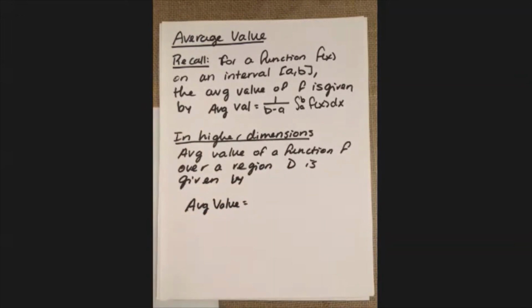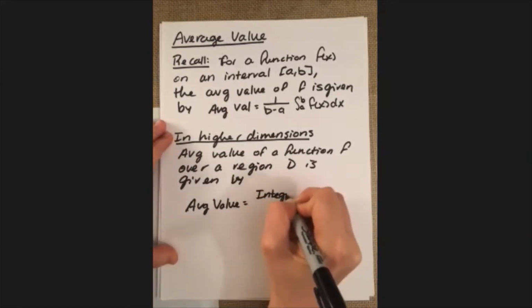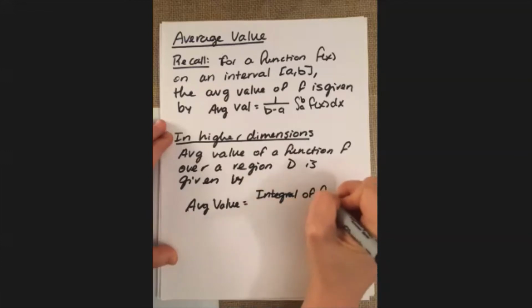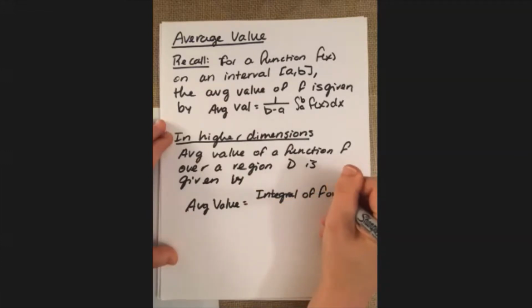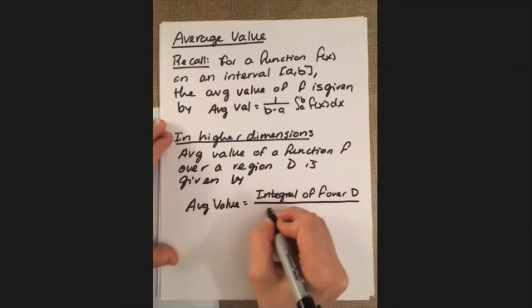I'm actually just going to write this out in words instead of giving notation, because depending on whether you're working with a triple or a double integral, the notation varies, but the idea remains the same, in that we have to take the integral of f over our region D and then divide by the size of D.